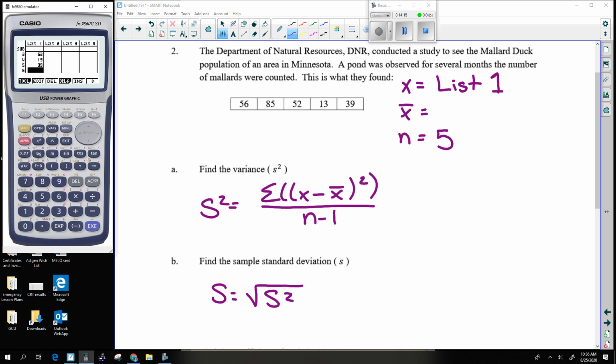Okay, enter those numbers in, go back to my calculator, add those up and divide by the number of numbers, so I add up list 1, divide by the number of numbers, which is 5, and I get an average of 49.